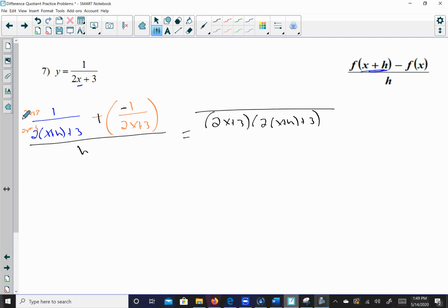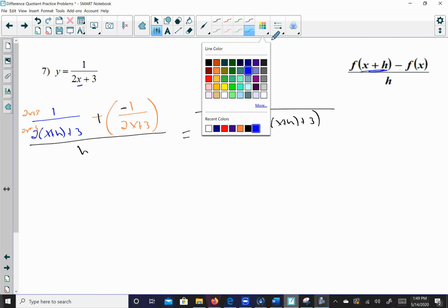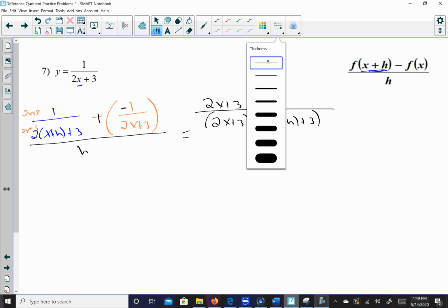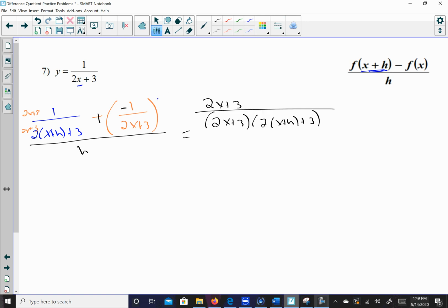So there I multiplied. So when I distribute this one, I'm going to have 2x plus 3. I'm going to multiply this one by 2 times the quantity of x plus h plus 3. So when I do that, that'll be this negative 1 times this.